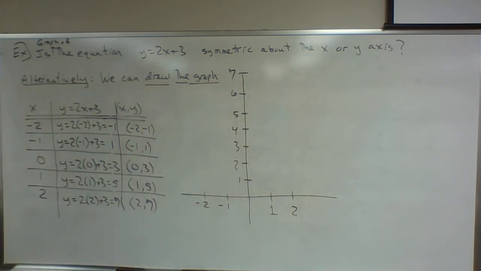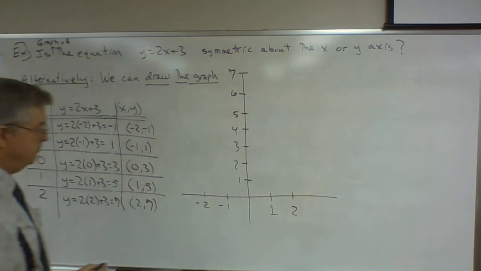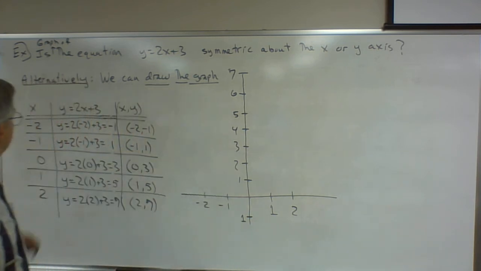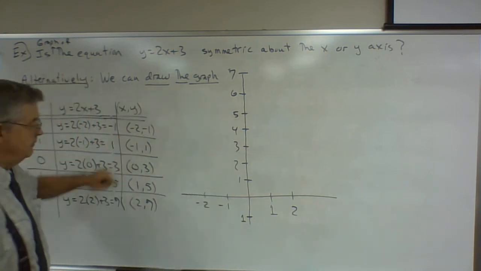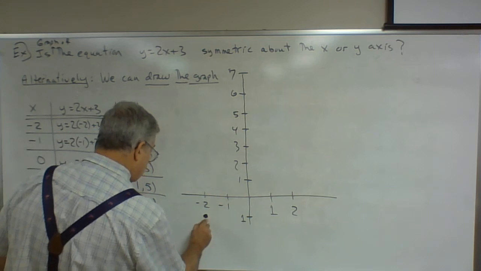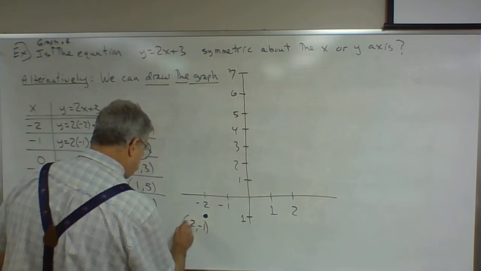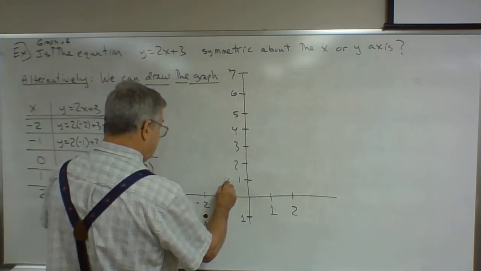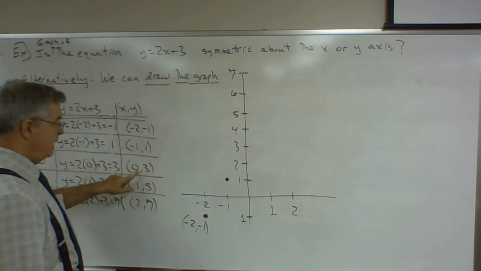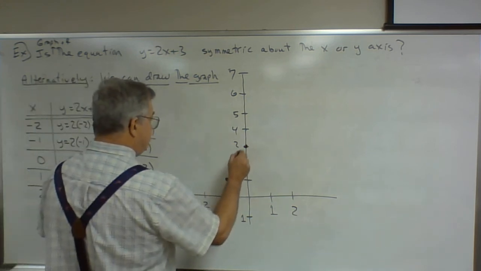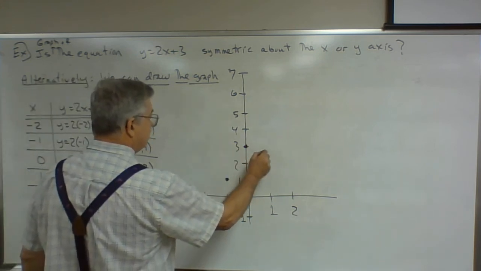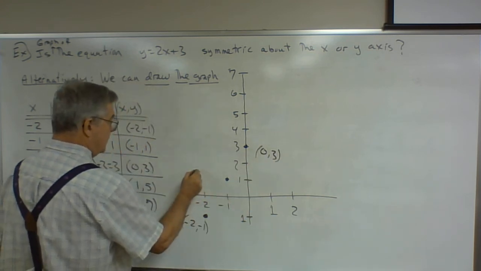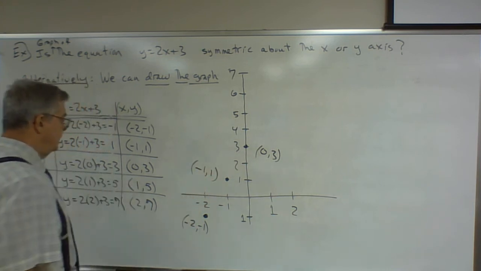And let's plot these babies. X is -2, y is -1. X is -1, y is 1. X is 0, y is 3. And what's that? -1, 1. Okay.